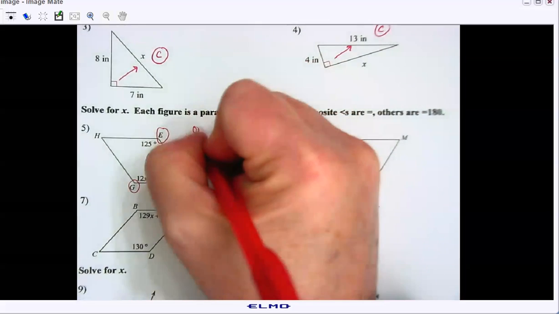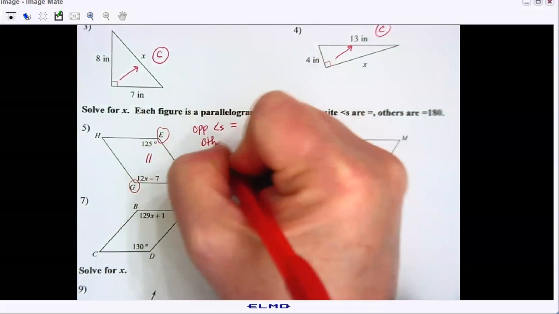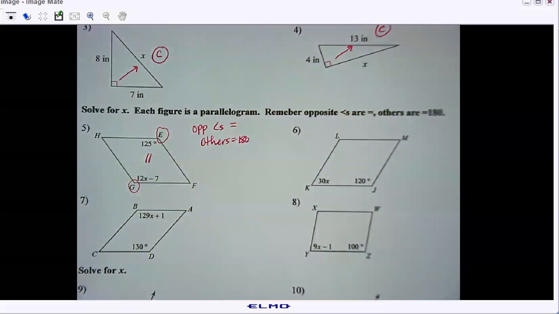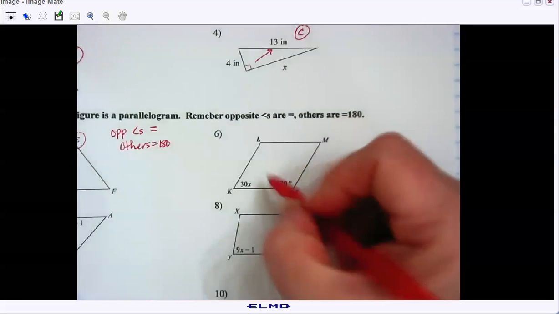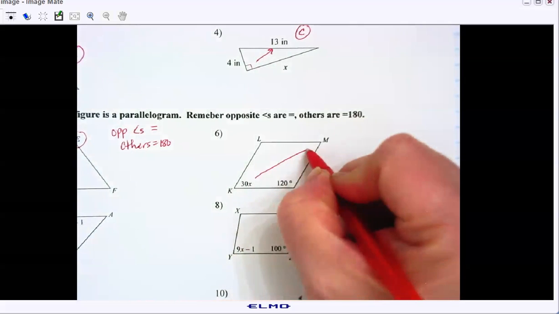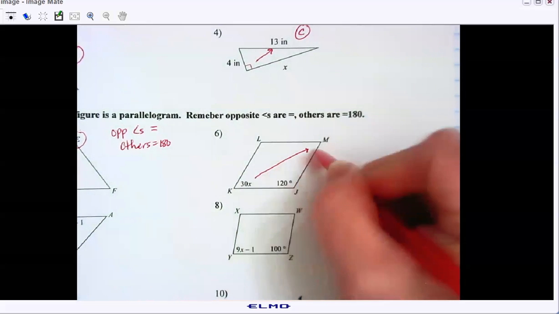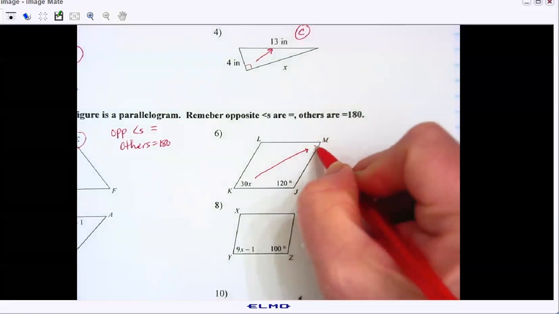So we know that opposite angles are equal and the others equal 180. So if you're ever unsure if it's an opposite angle or not, then like on number 6, draw your arrow across. That would be my opposite, but that's not what I'm given. Okay, so you know that these are not going to be set equal to each other because the one that's over here would be set equal to each other. So we're going to add them together and equal what?